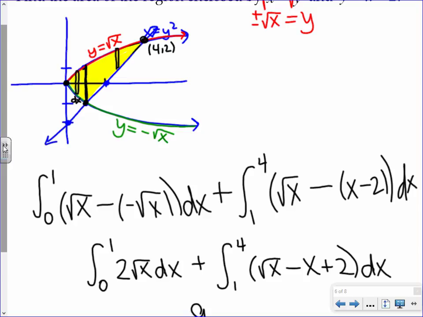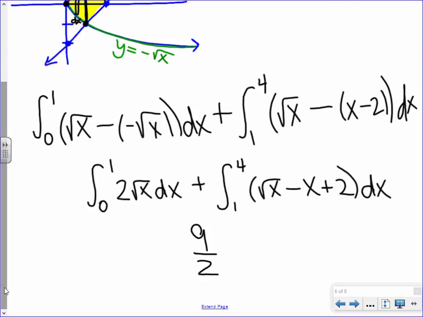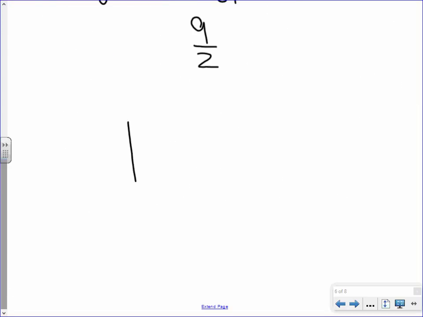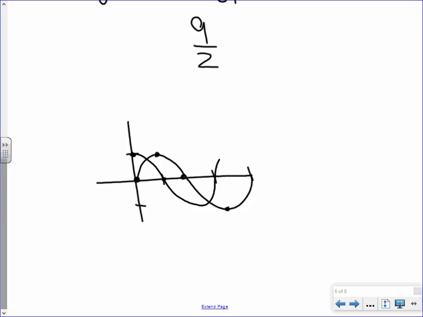Okay? Now, something like, see if I can draw it. What did I just draw? I drew a sine. And that's a cosine, right?